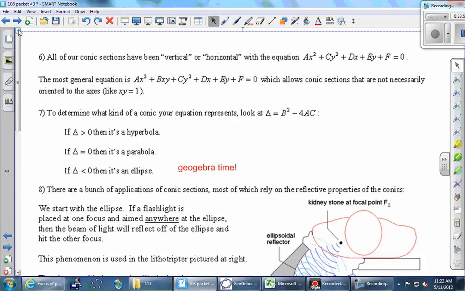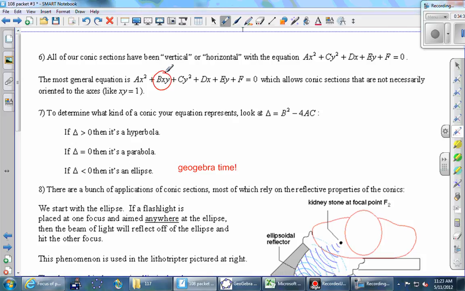Okay, number 6. We'll go to Vance. Okay, so what's the only difference between the ones we've studied and this other equation? It's that Bxy part.